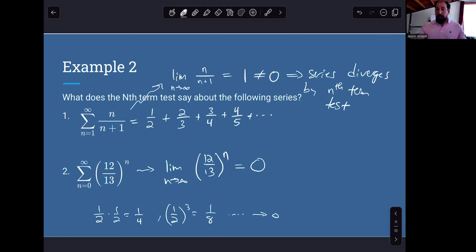So in this case, the limit is 0. And that means the test fails and does not tell us whether or not this series converges. We know for a different reason that it converges, but the nth term test doesn't answer the question. So we can just say the test fails. We don't know from using this test whether it converges or diverges.